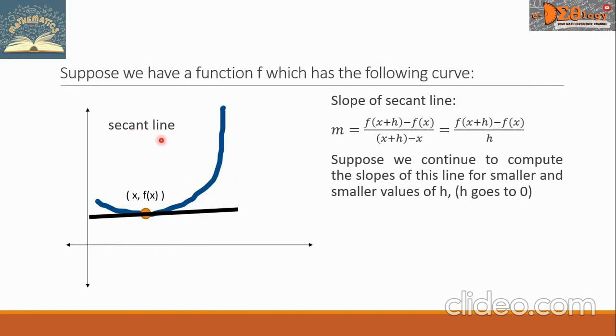And the previous secant line, we will now call it as tangent line. Now, with regard to the slope of tangent line, we will now write the limit of f of x plus h minus f of x all over h as h approaches 0.